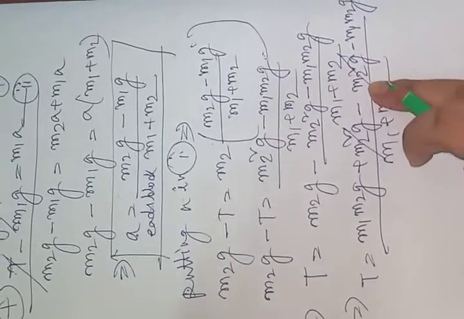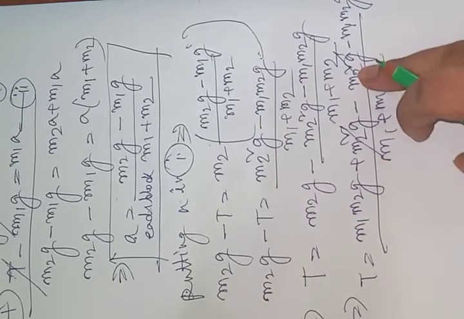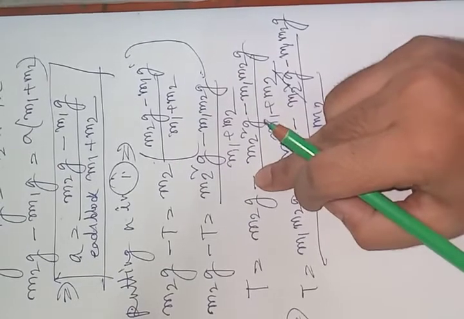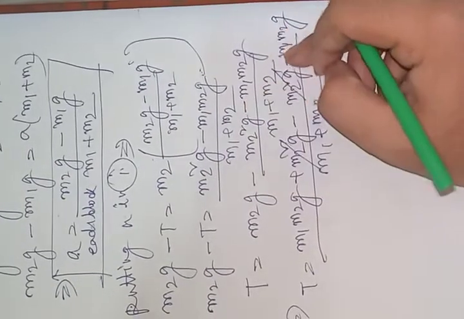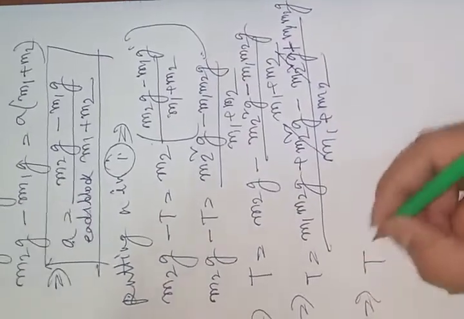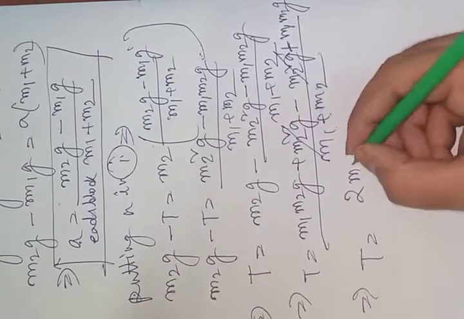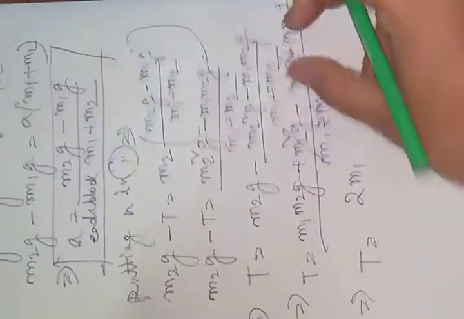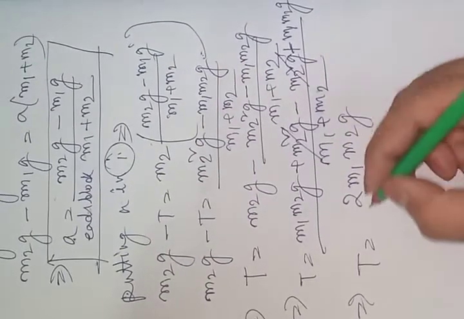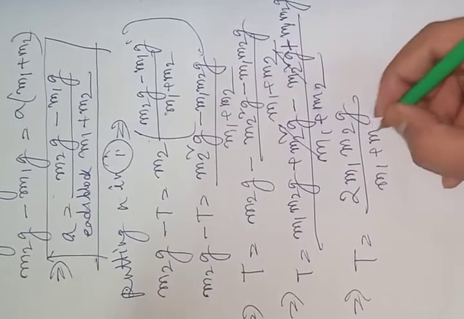So plus m2 square g and minus m2 square g are cancelling, and we are getting here, oh sorry, there's a mistake that I have done. If the minus goes in, this will become plus. Yes guys, so the tension force is m1 m2g plus m1 m2g, so 2 m1 m2g divided by m1 plus m2.